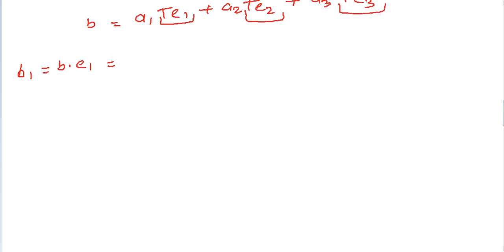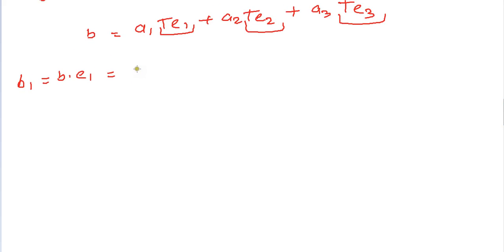So B1 equals E1 dot, and we bring out T: T of A1 E1 plus A2 E2 plus A3 E3.